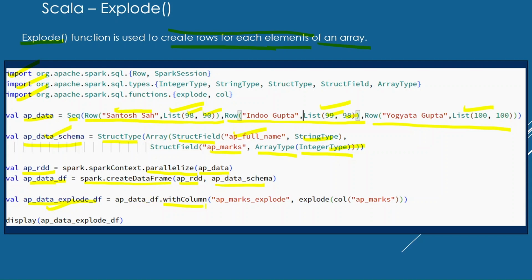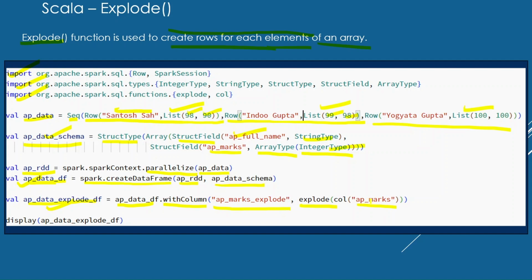We are creating a new column on top of the data frame we have just created, and the name of the column is AP marks explode. This column will be populated with the explode function, exploding based on the AP marks column.